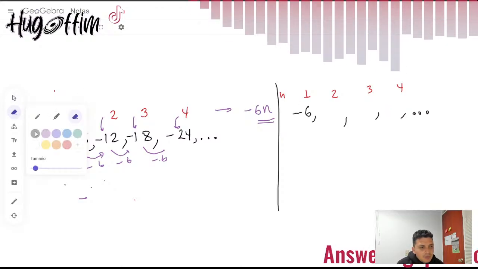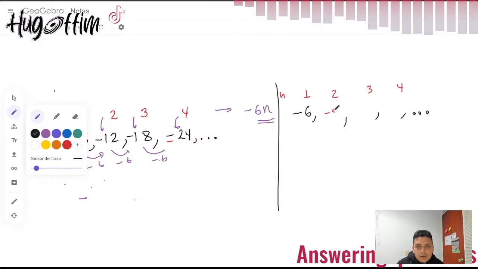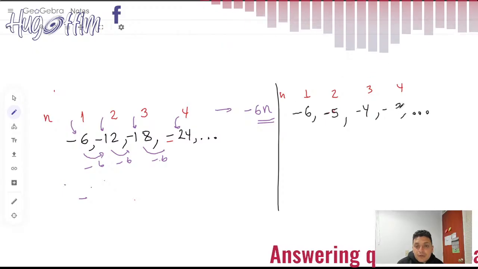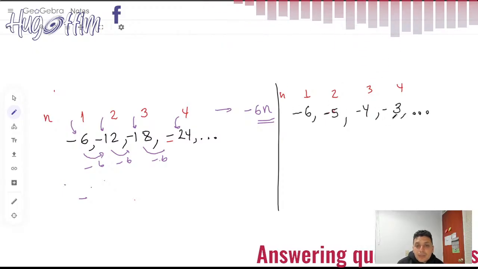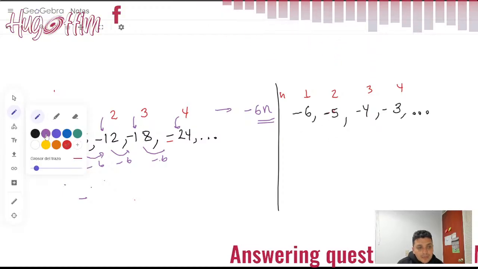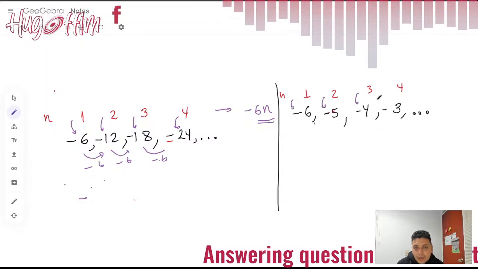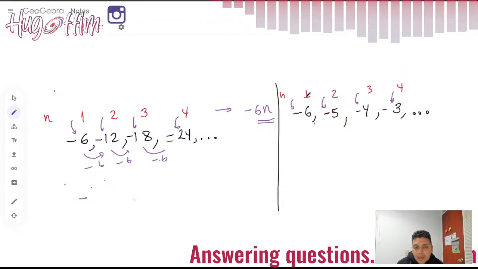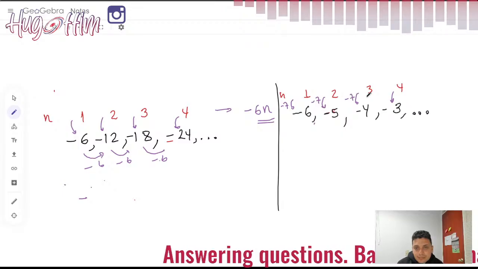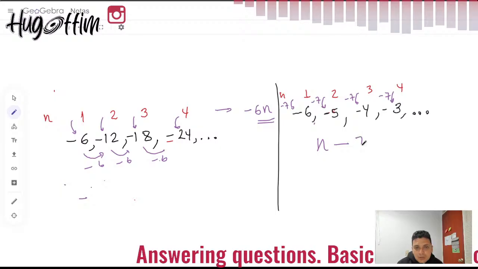Maybe the sequence I was thinking about was negative 6, negative 5, negative 4, negative 3. Look at that, I'm adding 1 each time in my sequence, but here I can identify that I'm always adding or subtracting the same number. In this case, I'm subtracting 7. So as you're always subtracting 7, you can tell that your sequence is n minus 7.